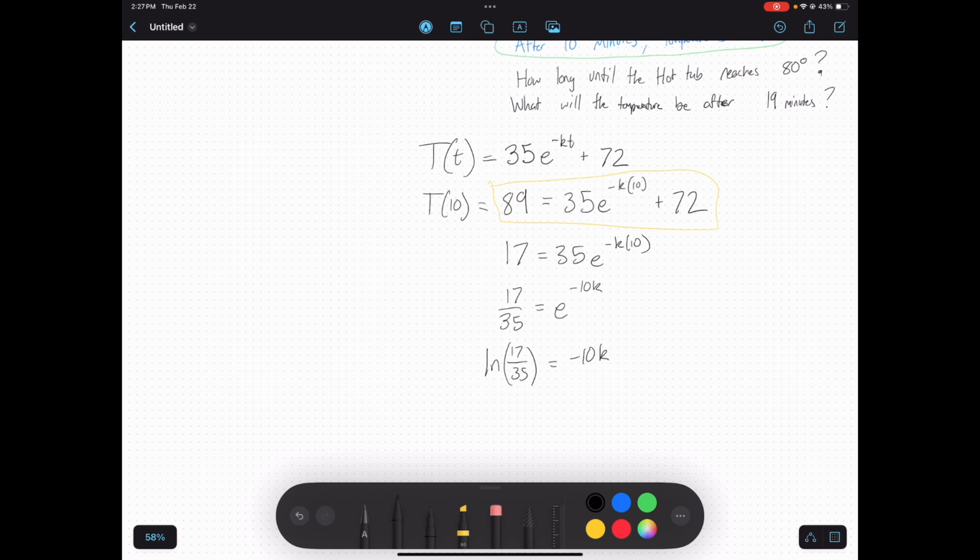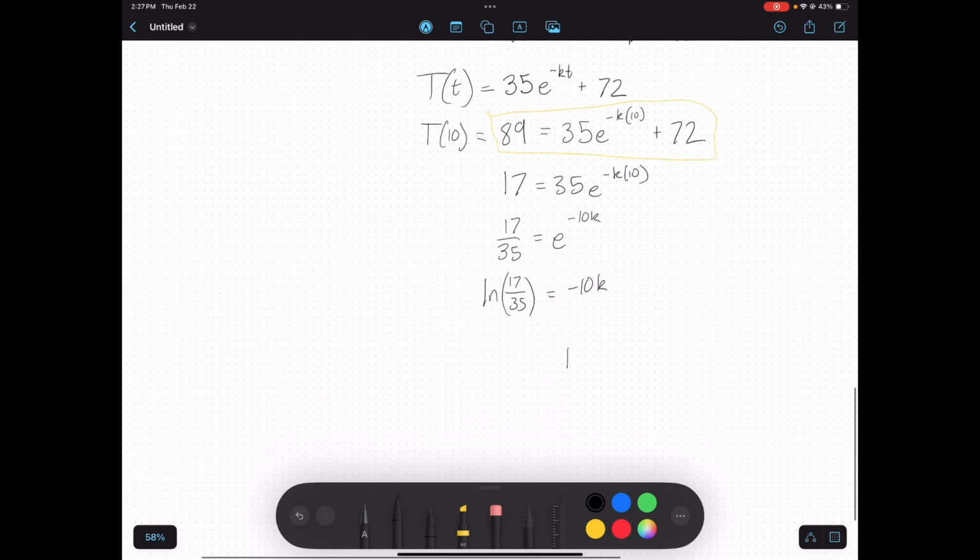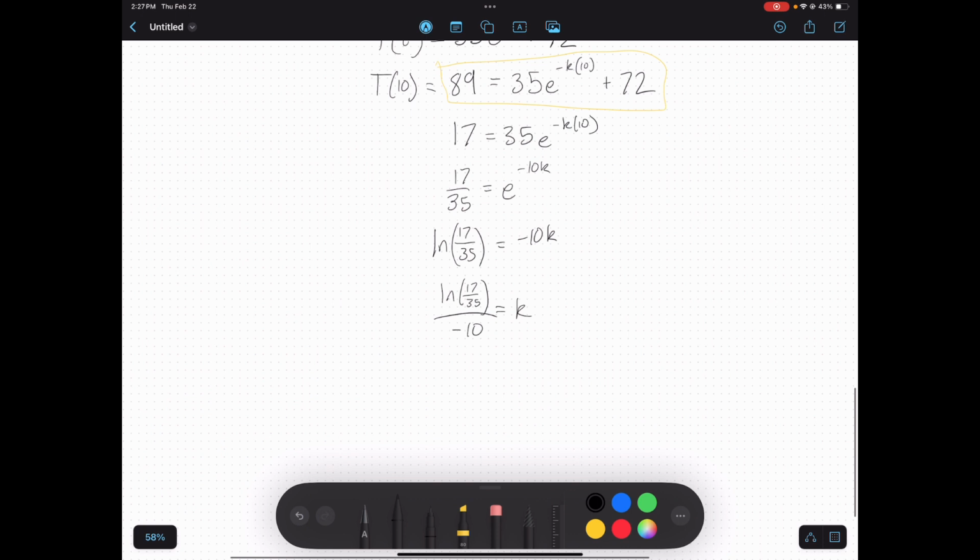Then I'll divide by negative 10. And I get that k is equal to the natural log of 17 over 35 divided by negative 10. Plug that into my calculator, and I get k is approximately 0.07221. So my cooling rate is about 7%. It loses about 7% of its temperature every minute.